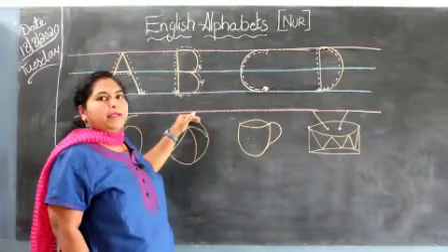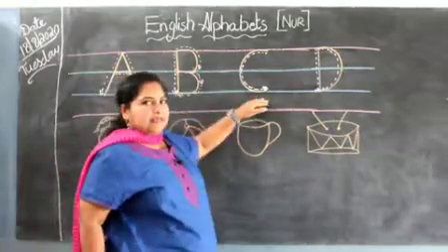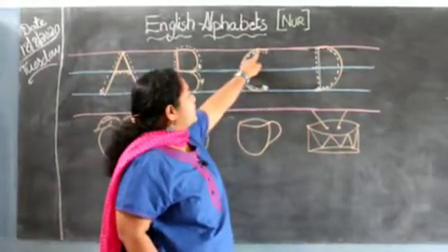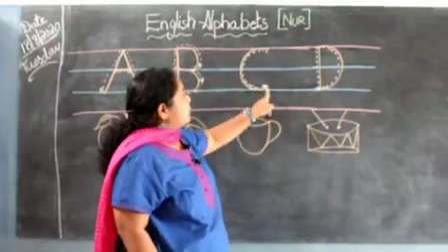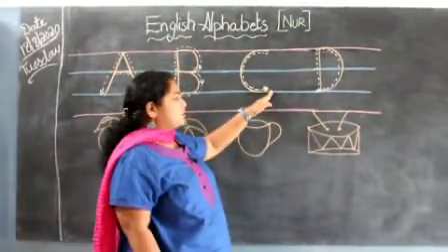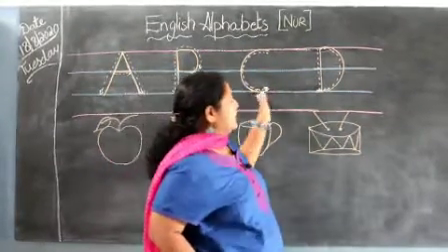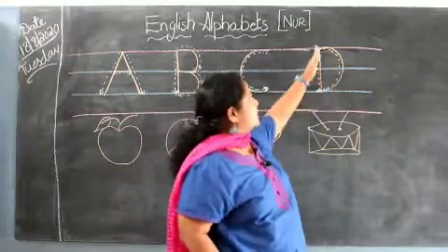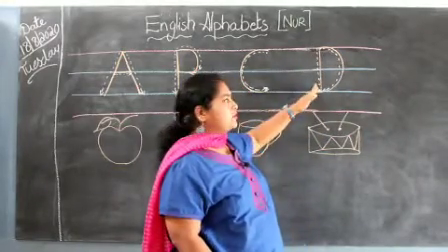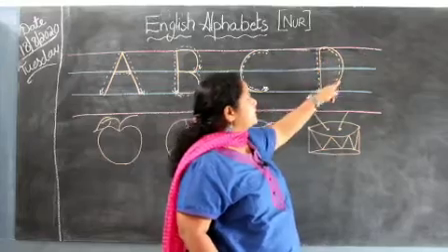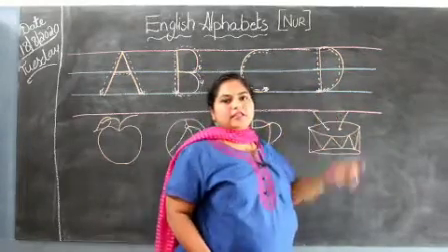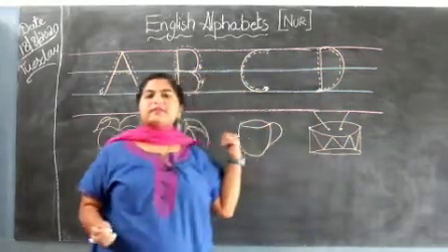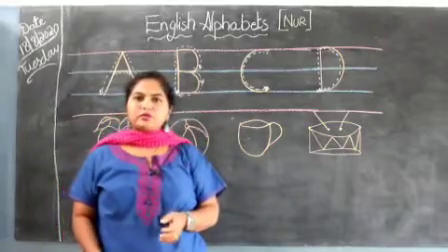This gives you all B. And C is just a left curve from red to blue, gives you your C. And D is your standing line from red to blue, and a right curve is your D. So practice these letters and write them in your 4-line book and send it to me.